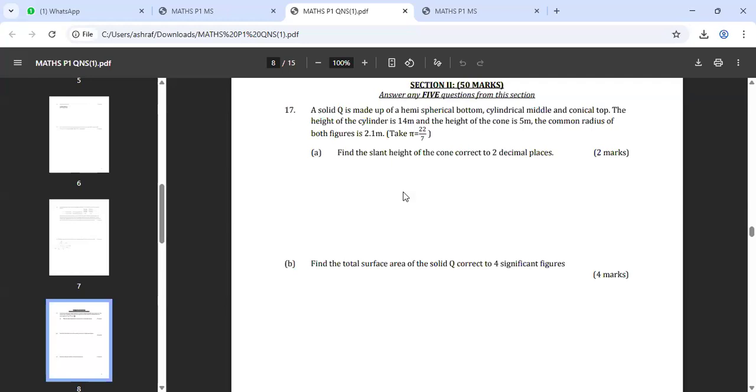Anyone? Who has gotten the surface area? Or you can share your answers partly. Who has gotten the area of the hemispherical part?